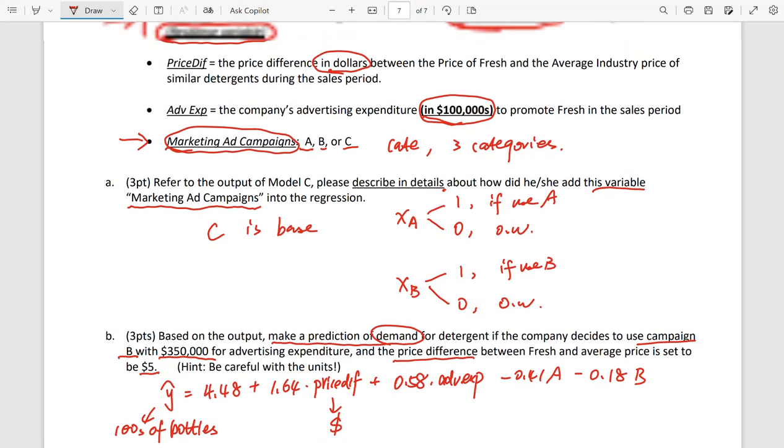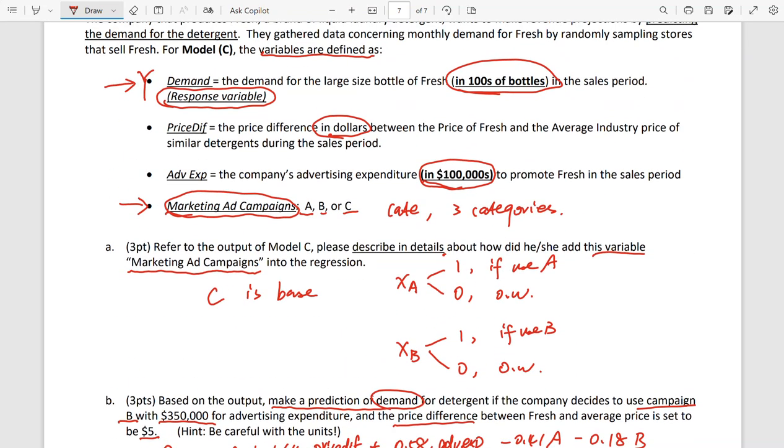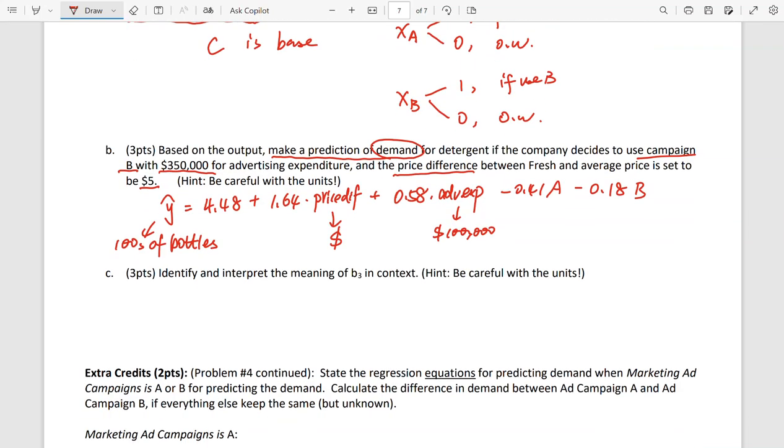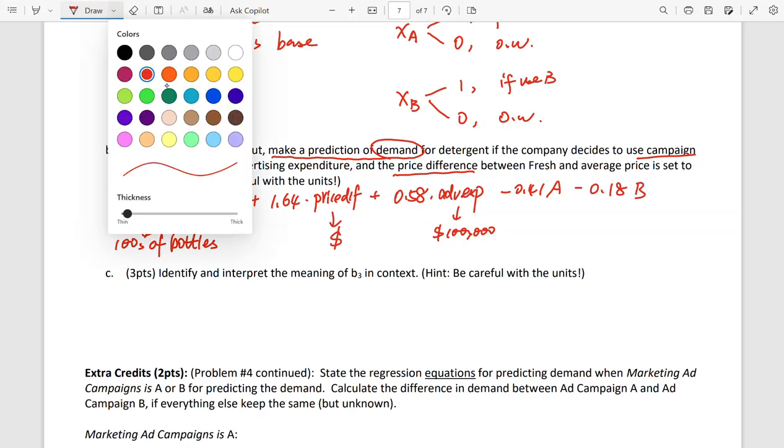Advertisement is in hundreds of $1,000. And then A and B are dummy variables. All right, so now we are ready for predictions.